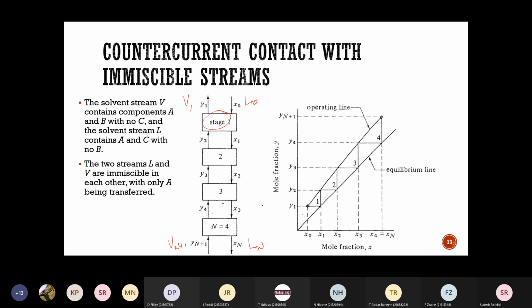That is the M. So that M will be maintained throughout the entire tower. As it is losing moles in one phase, it will be gaining the equal amount of moles in the other phase, such that M is the same throughout the tower. I hope that answers your question.